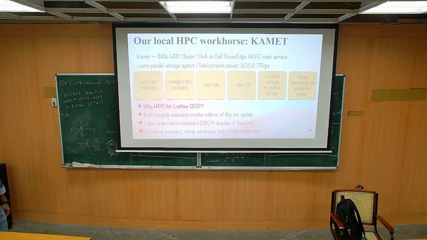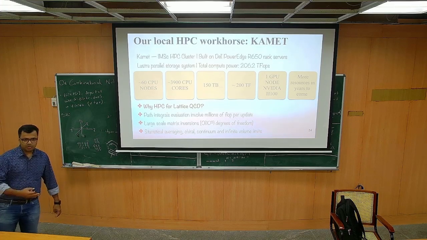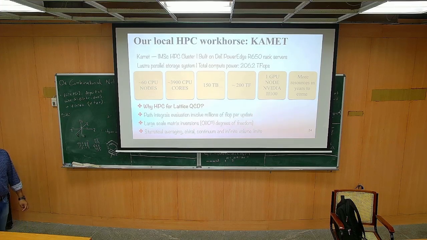Some of these updates involve large matrix inversions, where the matrices are of size 10 raised to 8. I'm sure you may have tried NumPy inverse, where you put in a matrix of size 10 or maybe 100 at max, beyond which your laptop may have crashed, while we are dealing with matrices of size 10 raised to 8.